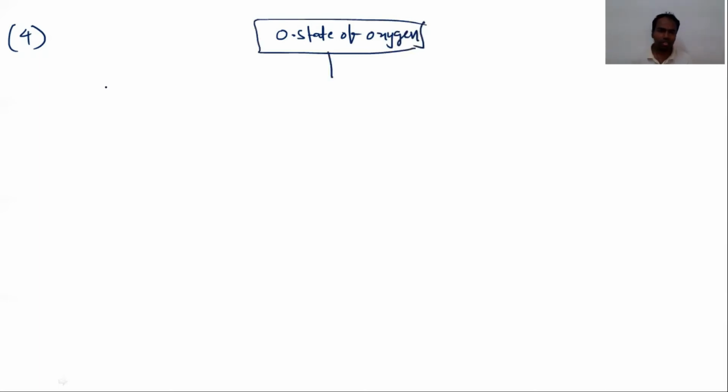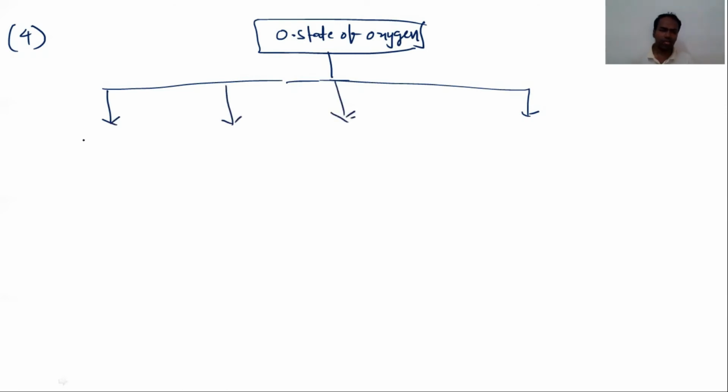If you take the oxidation state of oxygen, it's very important. It can show a total of 4 types of oxidation states in different compounds.